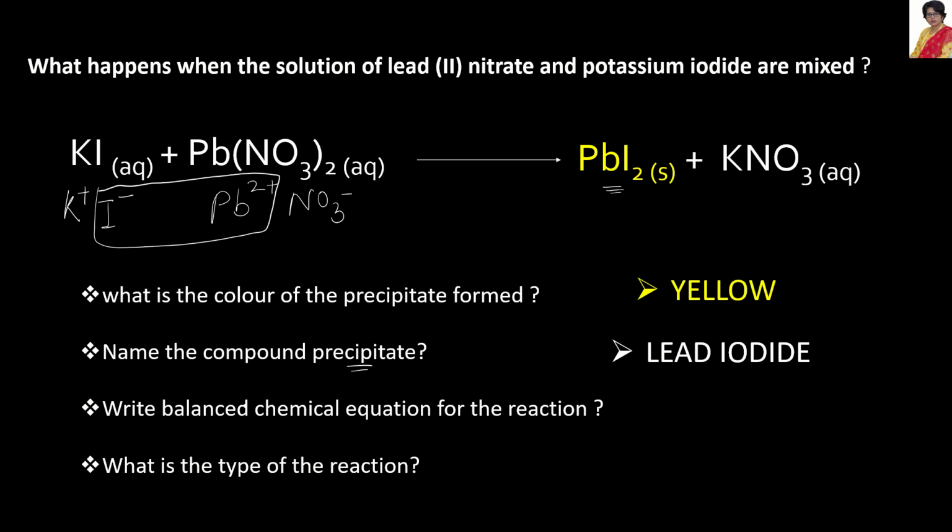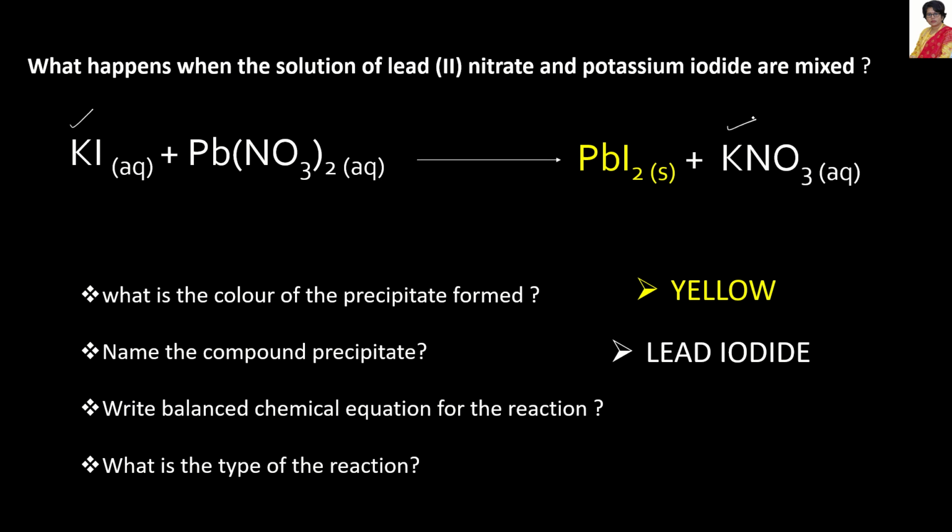Write a balanced chemical equation. Here there is 1 potassium and 1 iodine on the left hand side and 2 iodine on the right hand side of the reaction. There is 1 lead, 2 nitrate on one side and 1 nitrate on the other. So we have to balance the iodine and nitrate.